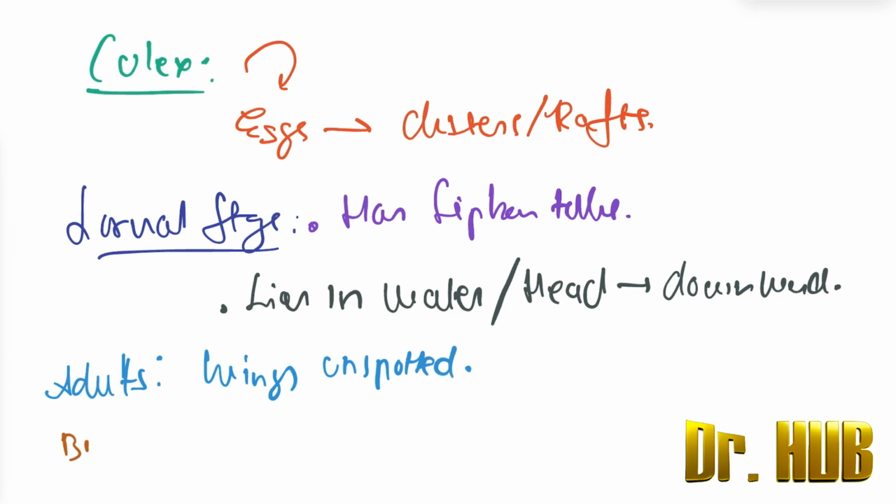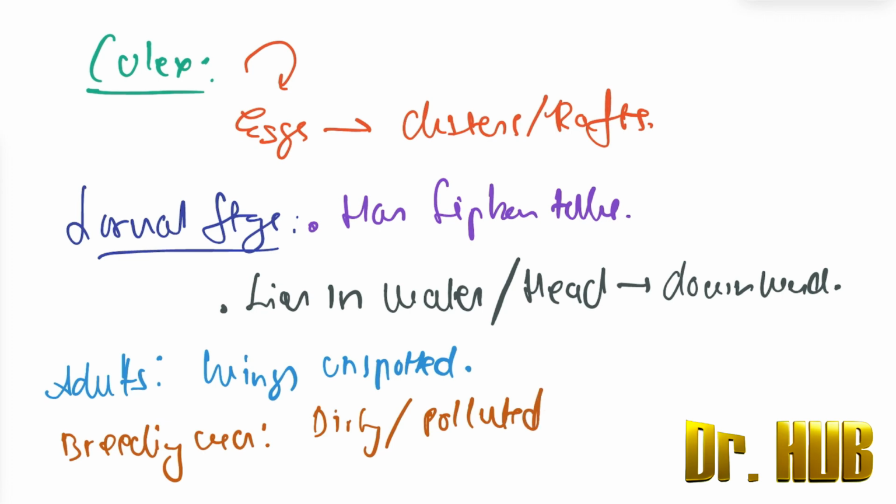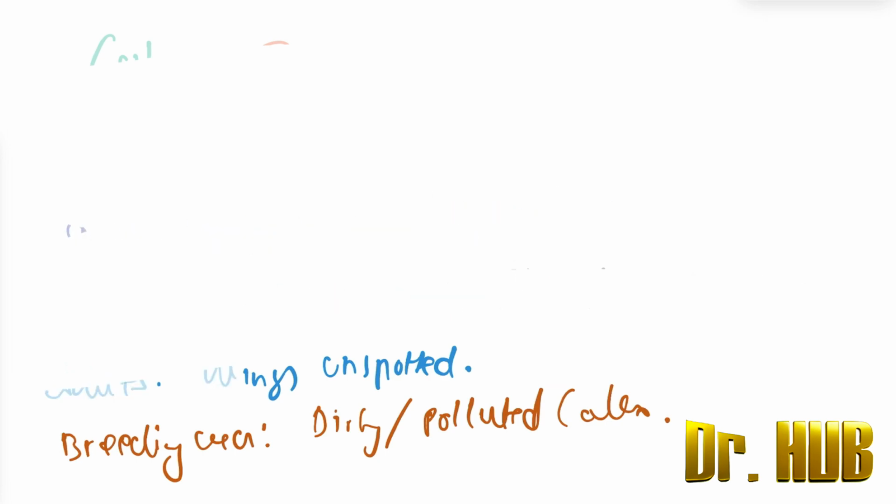Talking about the breeding areas, dirty as well as polluted water will have Culex. Now, what diseases are transmitted?